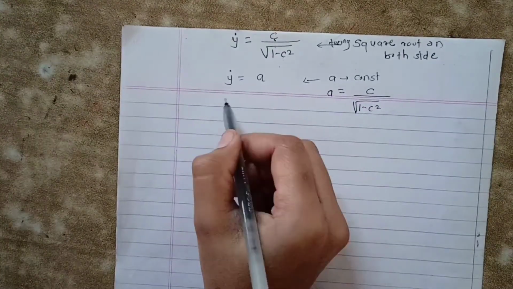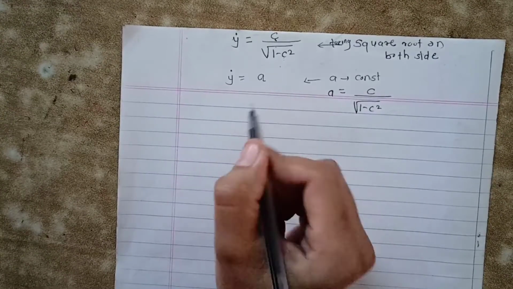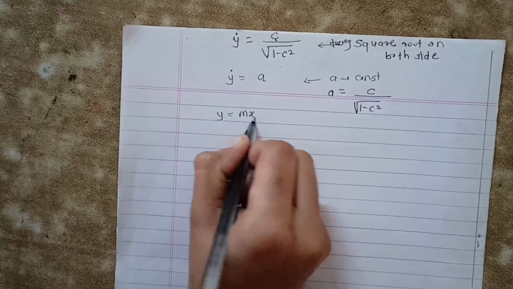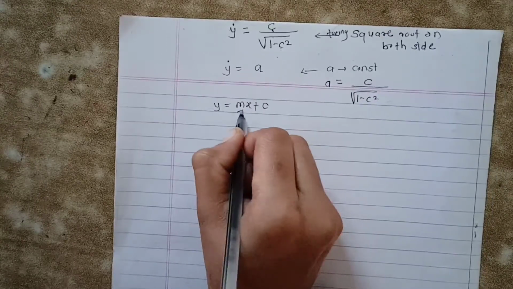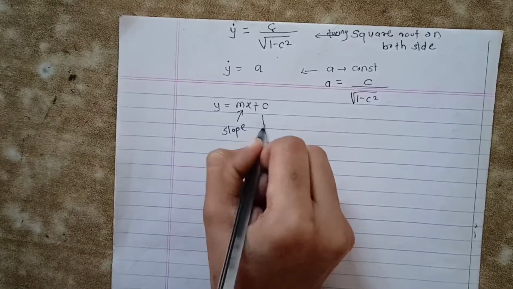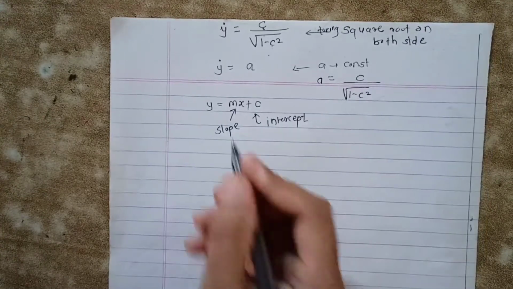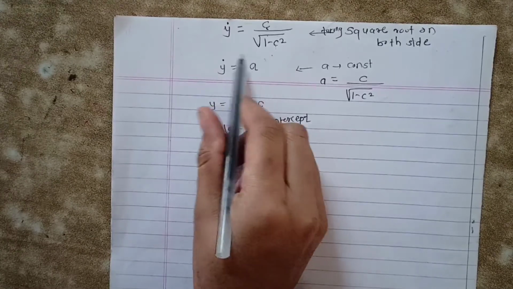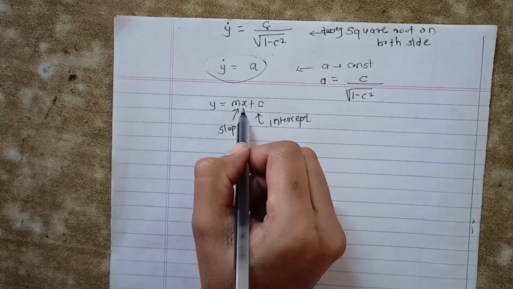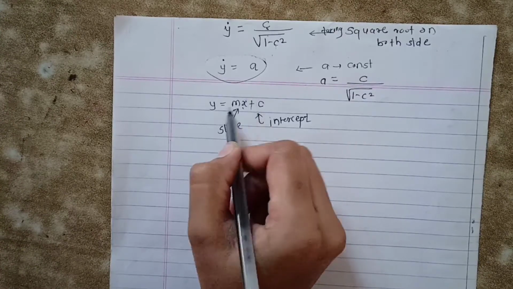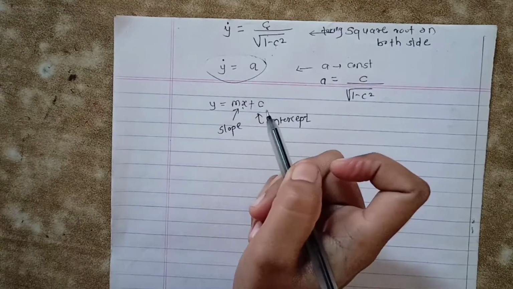Now we have to find the straight line equation. We know that the standard form of the straight line equation is y is equal to mx plus c, where m is the slope and c is the intercept, right? Therefore we have to convert this equation into the form of a straight line equation, and then we are able to show that the distance between 2 points is nothing but the straight line.